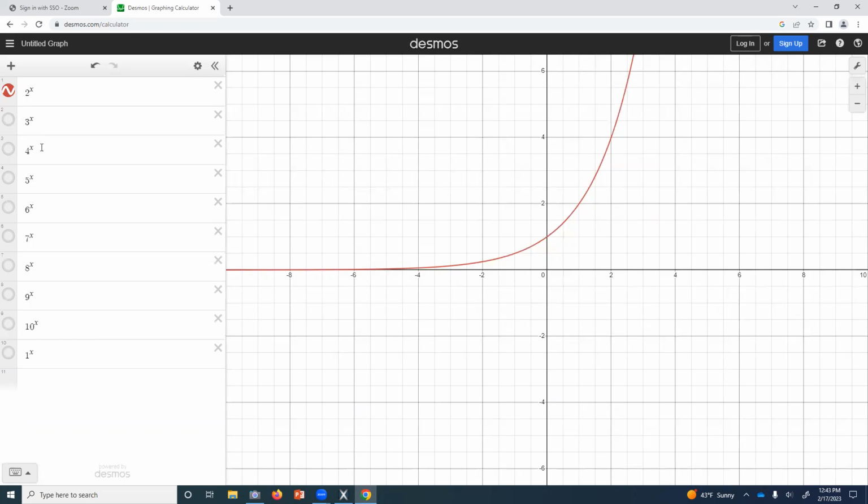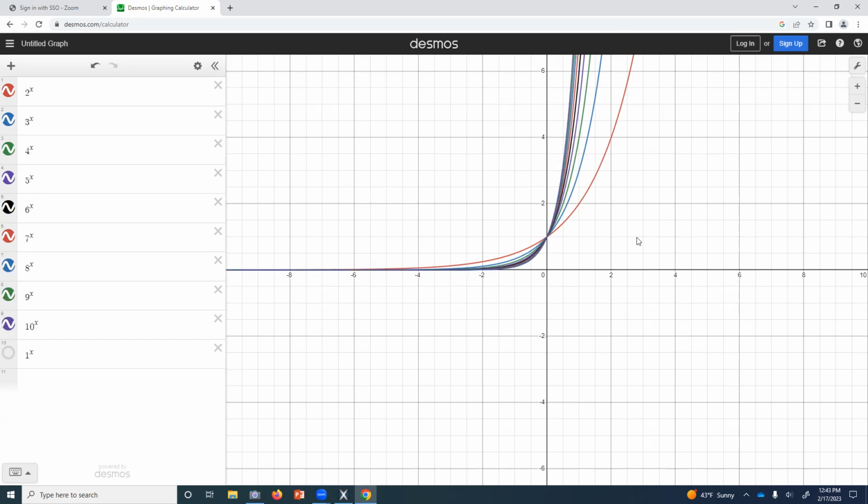They are getting bigger a lot faster. As your base gets bigger, this gets bigger a lot quicker, and it's also going to get closer to 0 a little bit quicker as well. So as your base gets bigger, this gets more steep, more steep, and so on.